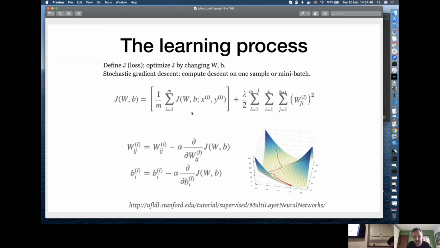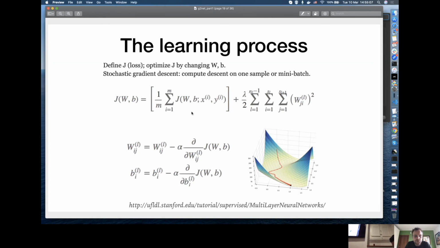And then, following that, we can also have some kind of regularization. In this case, it's L2 regularization. So you take all the weights in the model and sum them squared. And this is a regularization that tends to keep the weights as low as possible.